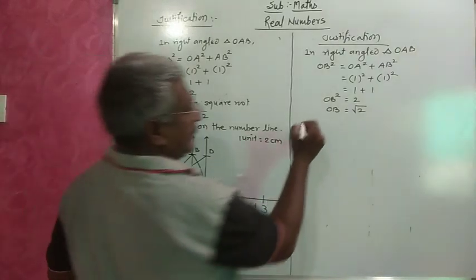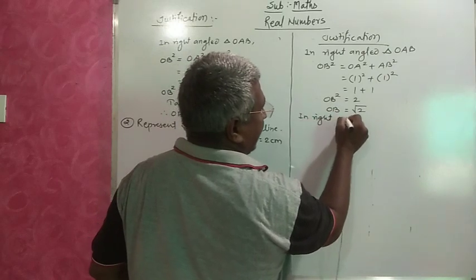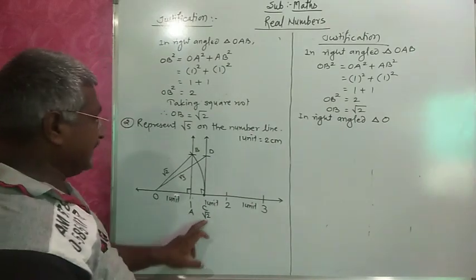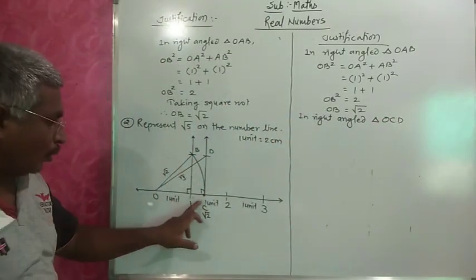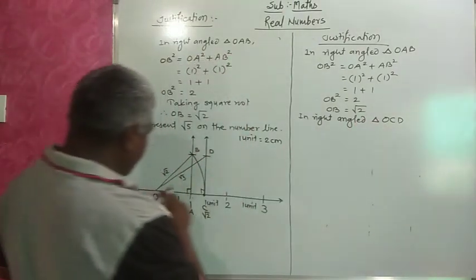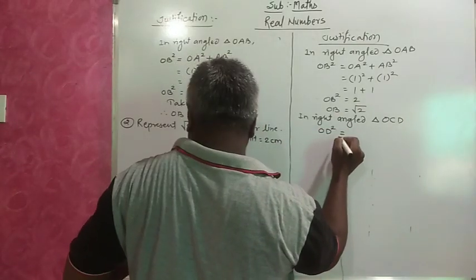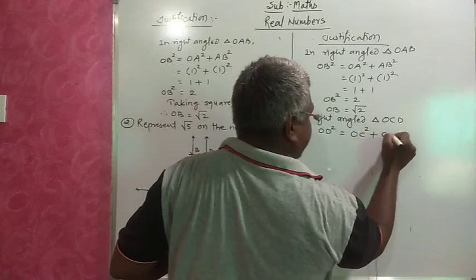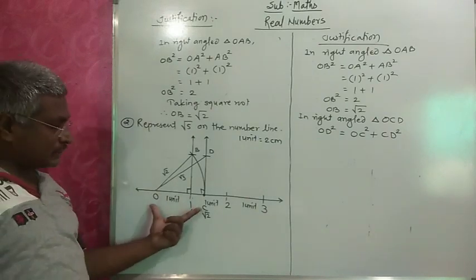Now OD. In right angled triangle OCD, see, name changed. OCD. So what is the hypotenuse? OD. OD square equals OC square plus CD square. So what is the length of OC?